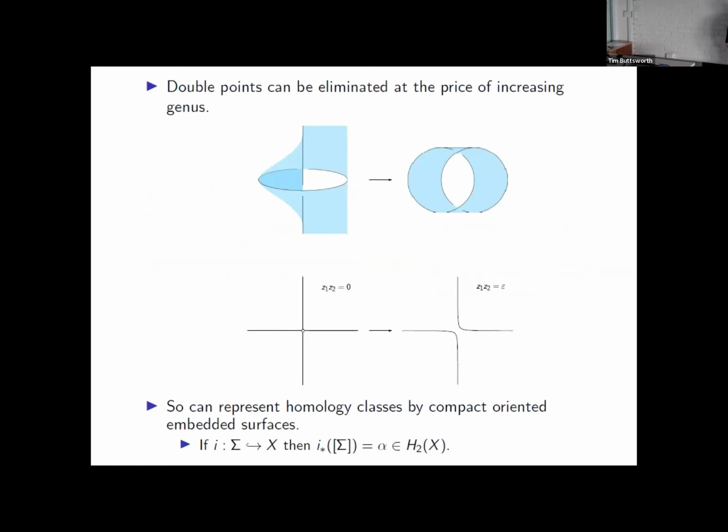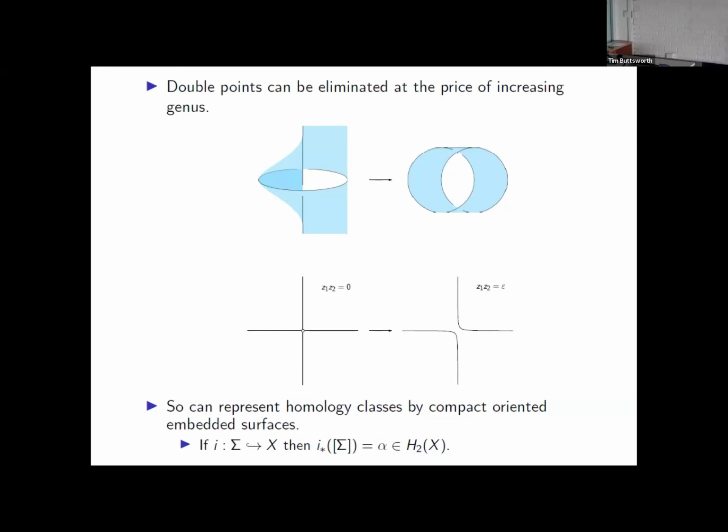Diagrammatically, you could think of this as two complex planes meeting at the origin. The only point where they intersect is the origin. You can perturb this so that they split off from each other. If you think about, say, the Hopf fibration, imagine the 3-sphere sitting here, then the trace of these planes in the 3-sphere is two interlinking circles, which I've drawn up here.